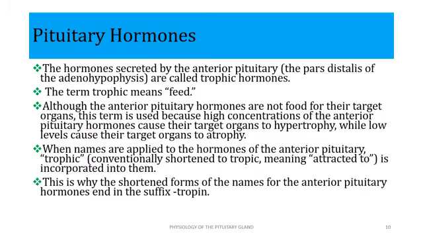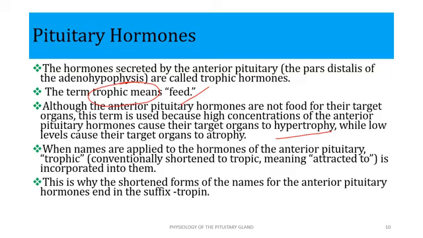Pituitary hormones, as I said, are trophic hormones. Trophic means food. Actually, they are not food, but why do we call them trophic or food? It's because when they act on their target glands, they lead to hypertrophy of these glands. Hypertrophy means increase in size, and under-secretion of these hormones leads to shrinkage or reduction in the size of their target glands.